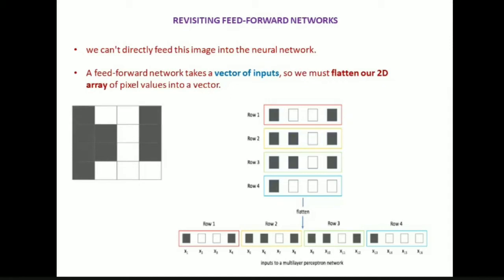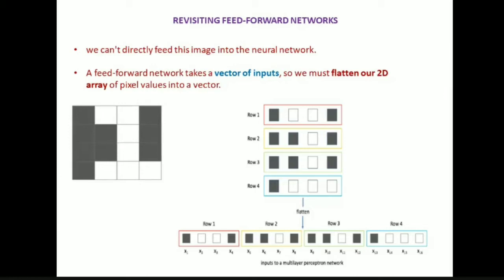We know that. So how is a feed forward neural network going to process the input? It is going to divide the given image into vectors. A feed forward network takes a vector of inputs.